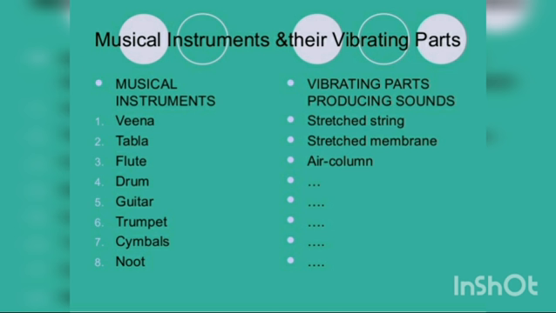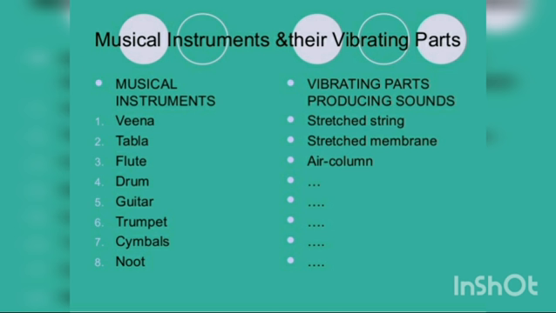Many examples are there for vibration of a body where sound is produced, like musical instruments: tabla, veena, sitara, and your school bell also comes in this. When the tabla is beaten, the upper layer shows some vibration, and through that vibration sound is produced.